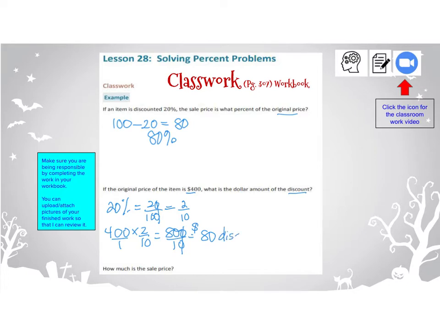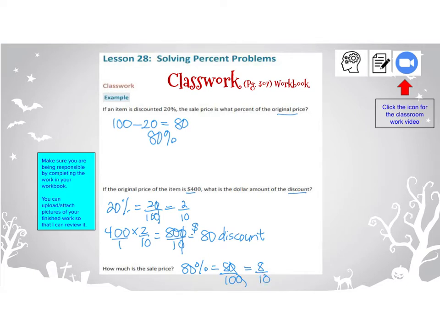I should write that right next to it. Okay, discount. And then it says how much is the sale price. So let's go to that. 80% is equal to 80 over 100. And that equals, if I divide top and bottom by 10, 8/10.